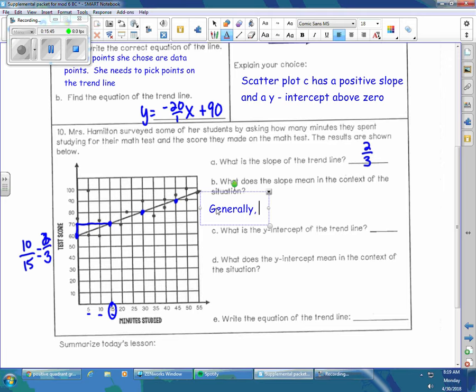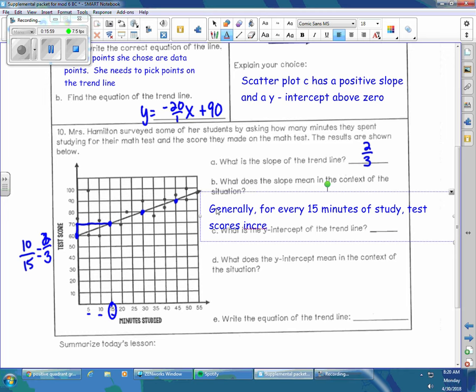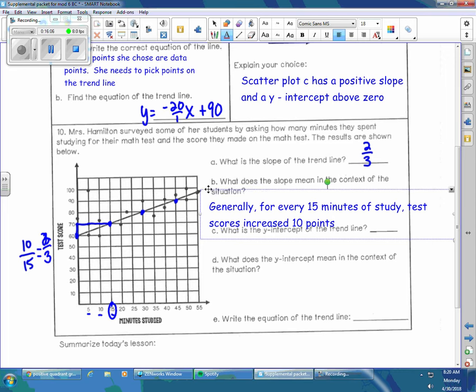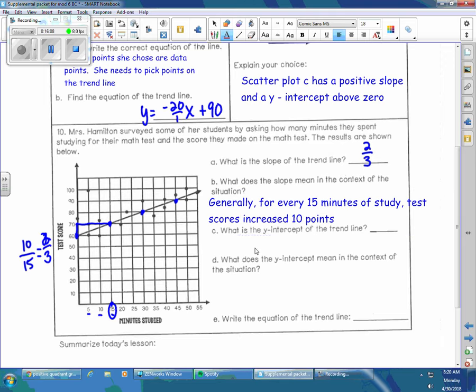Generally, what is the y-intercept of the line?